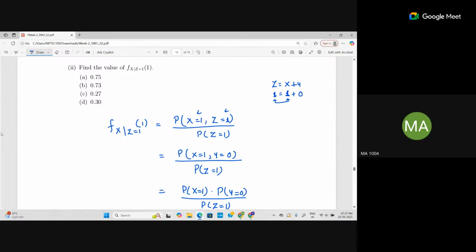So when X is equal to 1 and Y is equal to 0, then only Z will be equal to 1. So this probability will be equal to X is equal to 1 and Z is equal to 1. So we can simply put this value.